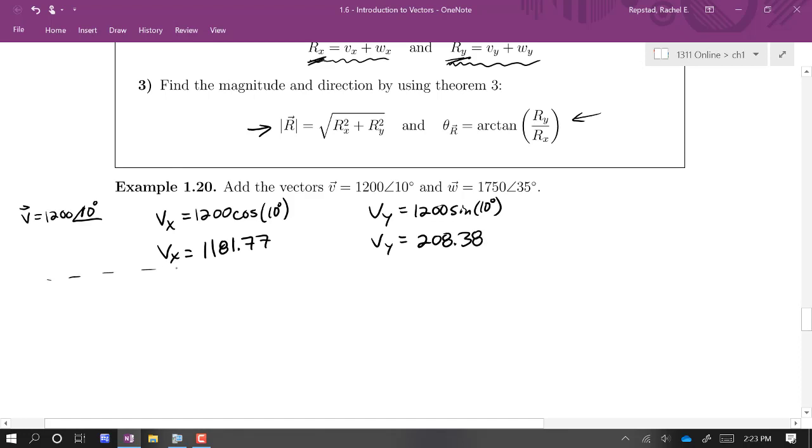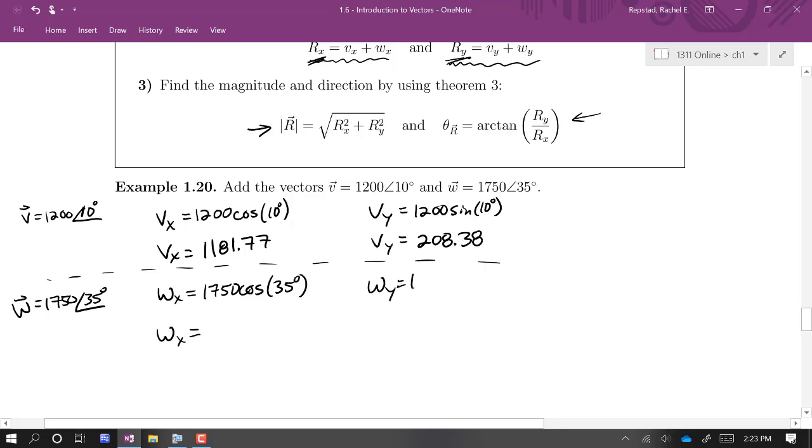Okay, so there's the V vector. Now W, 1750 at 35 degrees. So Wx is 1750 times cosine of 35 degrees, and Wy is 1750 times sine of 35 degrees.